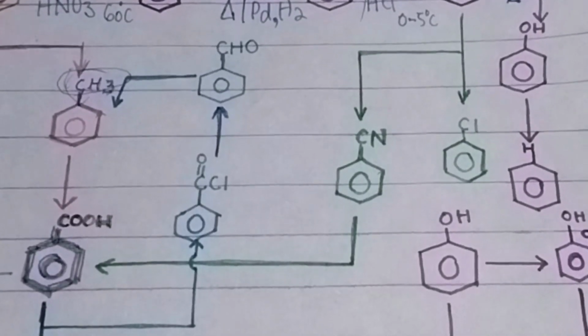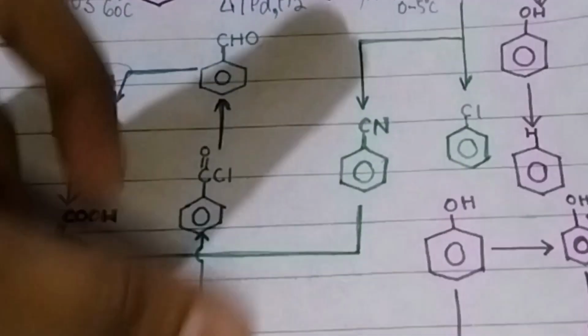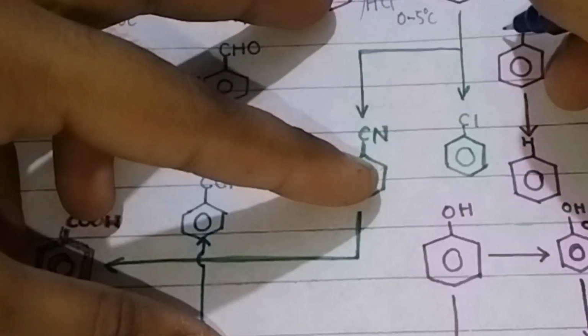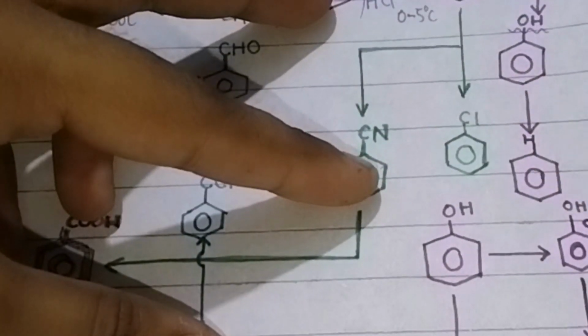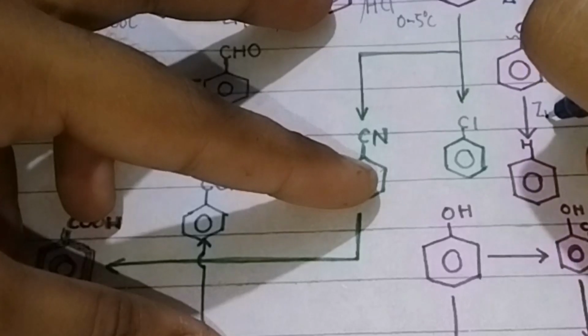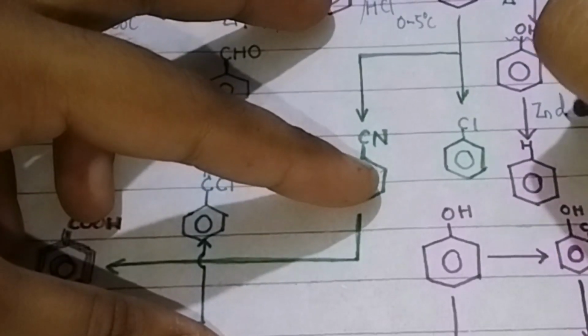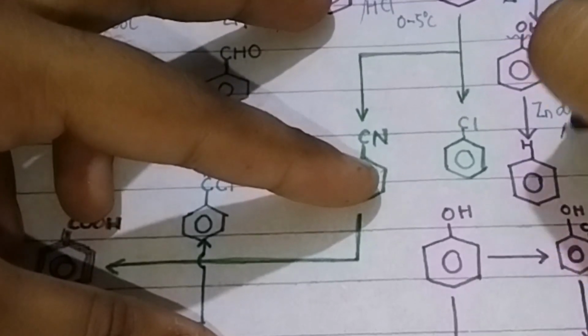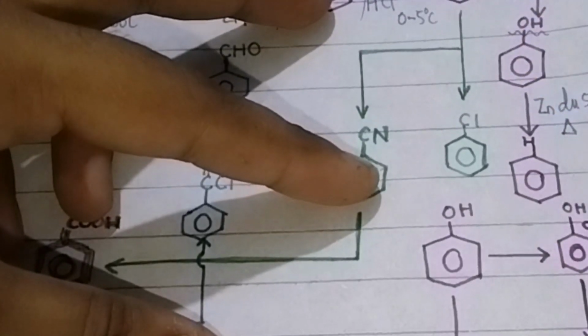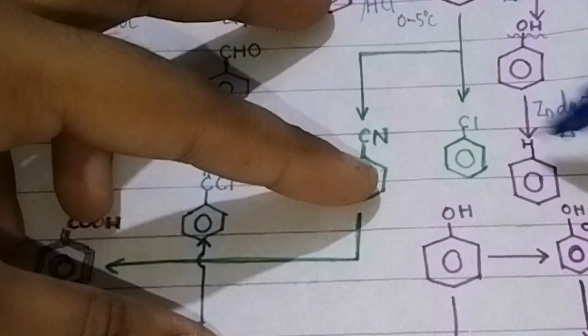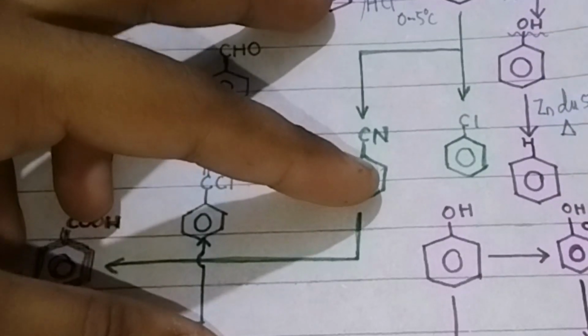Now if you need to just remove this OH from here, you would use Zn dust, and you will heat this solution to form benzene out of phenol.